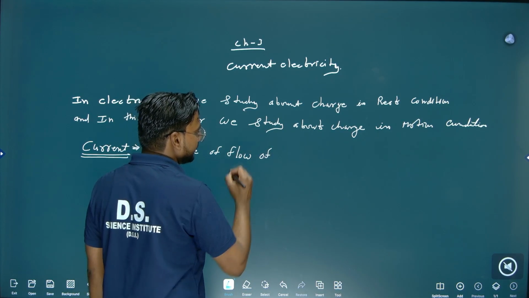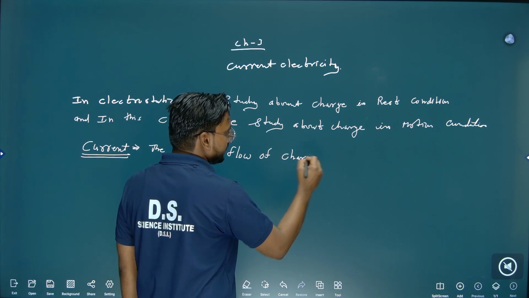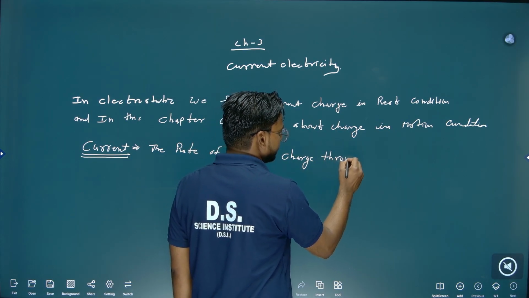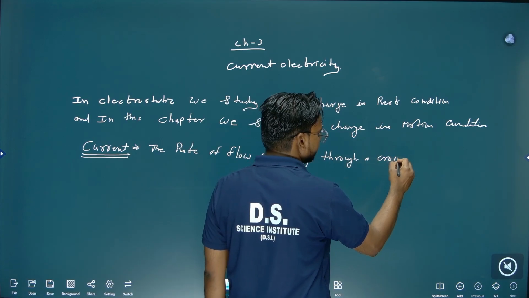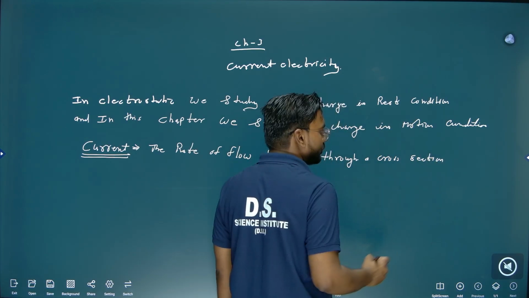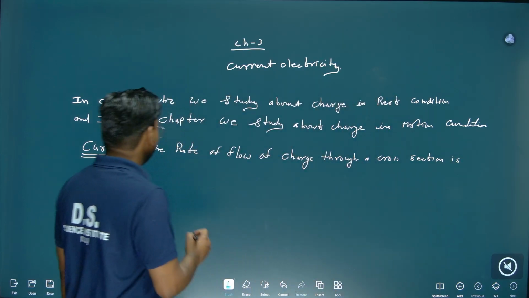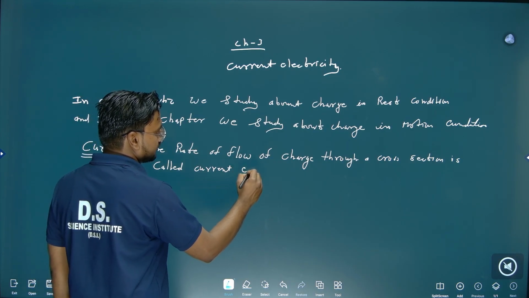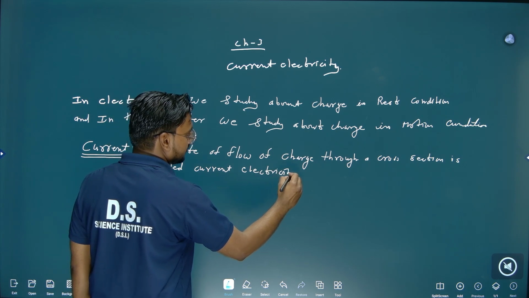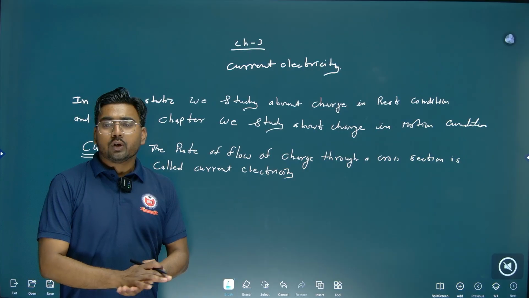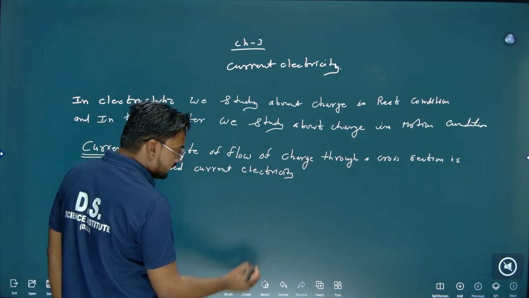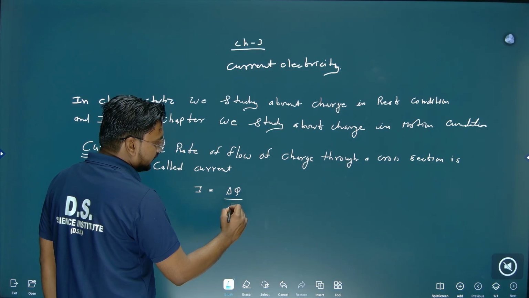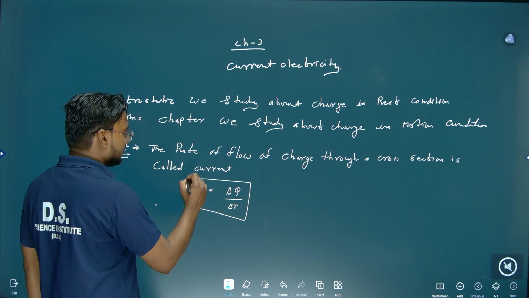The rate of flow of charge through a cross section is called current, not current electricity, that is called current, means I equals delta Q upon delta T. Okay, this is the current.